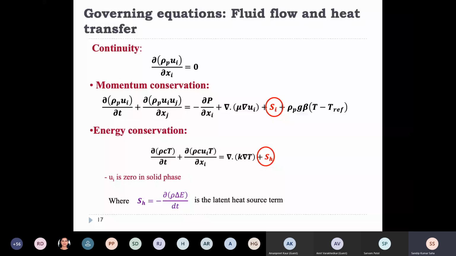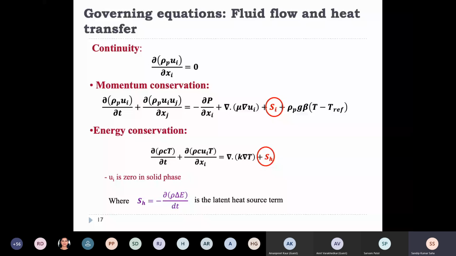Then we employ the variable viscosity method. If you set mu to a very high value for the solid region, then you will see this momentum equation is also valid. So these are the two techniques we mainly employ to set the velocity in the solid region to 0.